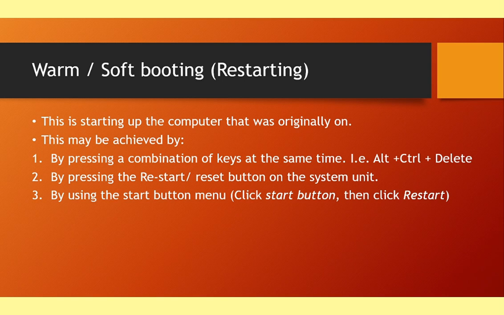Number two, you can do it by pressing the restart or the reset button on the system unit. And number three, you can restart a computer by using the start button menu. When you click the start button menu, you select restart and click, and your computer is going to restart.